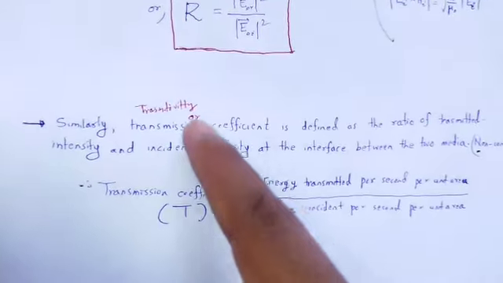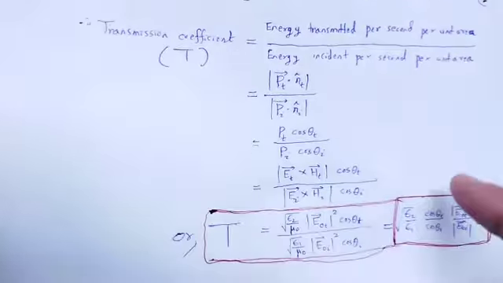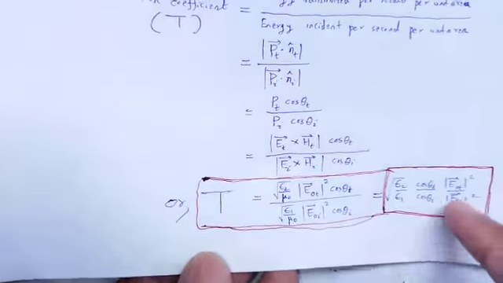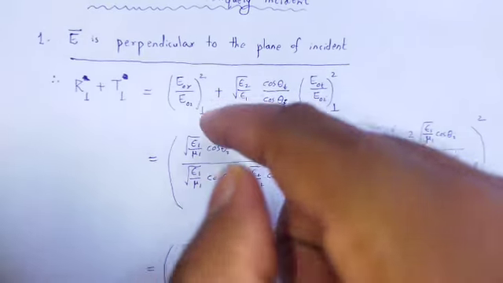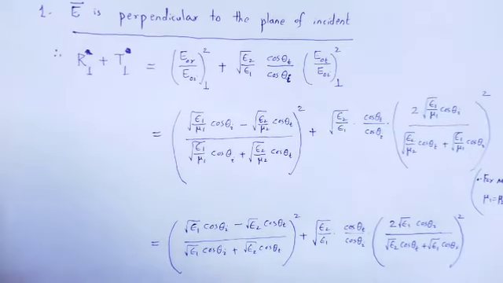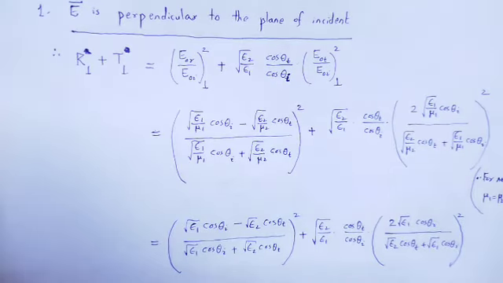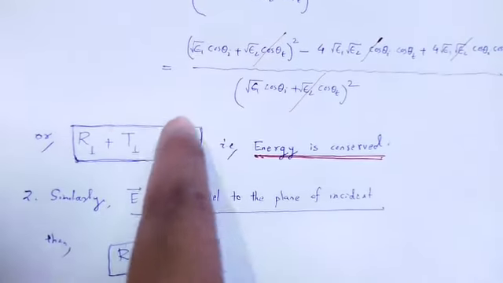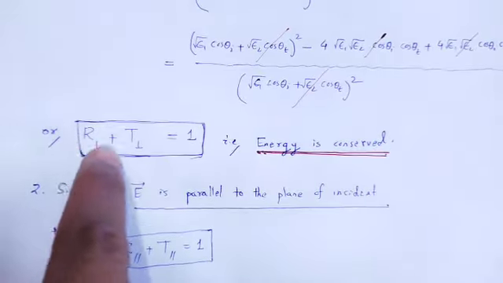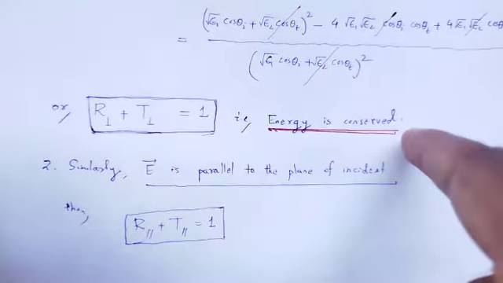Next, the transmission coefficient or transmittivity, the mathematical form in a general way. For oblique incidence there are two situations: when the E vector is perpendicular to the plane of incidence, and when the E vector is parallel to the plane of incidence. When perpendicular, we showed that the sum of the reflection coefficient and transmission coefficient is unity, which signifies energy is conserved.